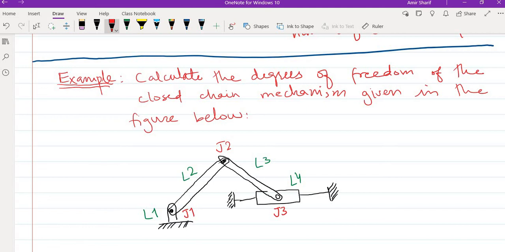Then we have one more joint, which we call J4, the Prismatic joint.